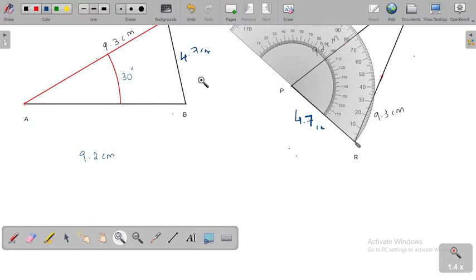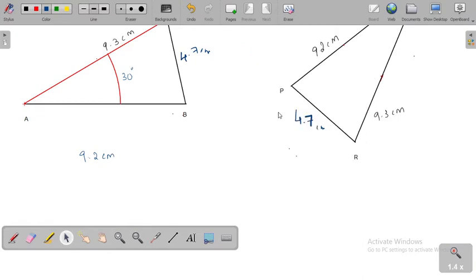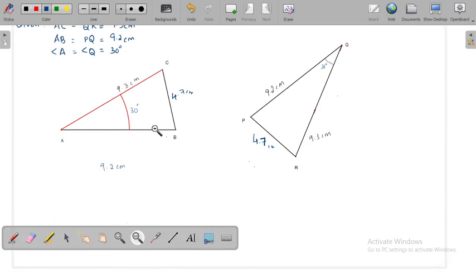So now what about the other angle? Can I say the third angle will also be equal? How can I say that the third angle will be equal? Hypotenuse side, ma'am. They are not right angles, so you cannot say hypotenuse and all, right? You have the measure of two angles and they are equal in the two triangles.